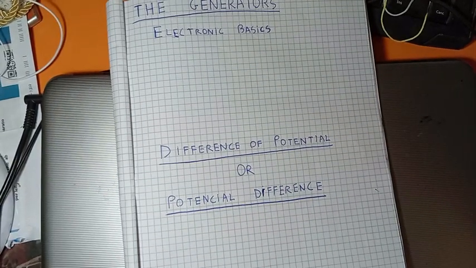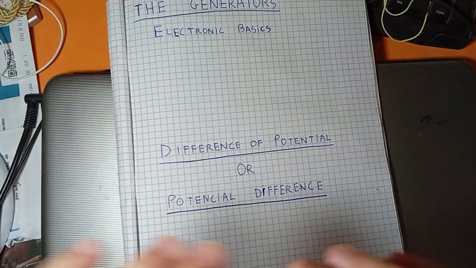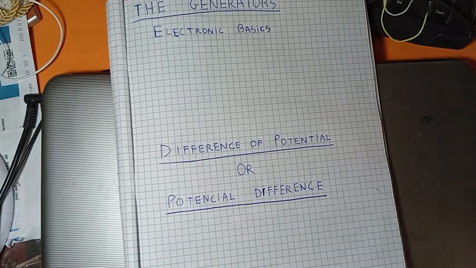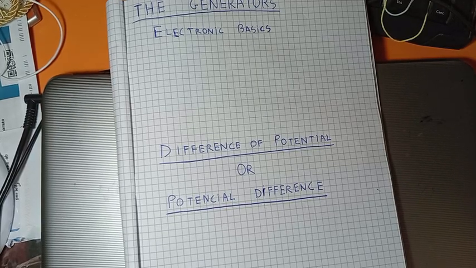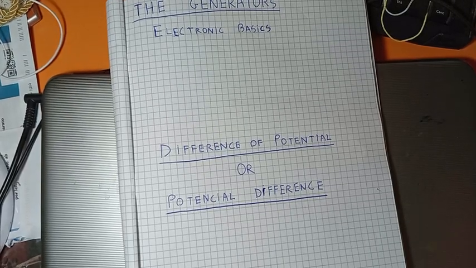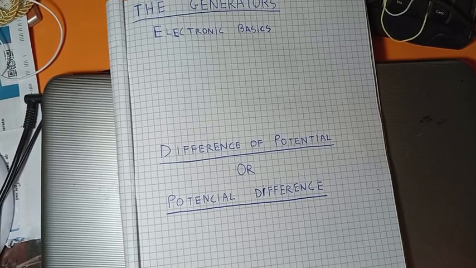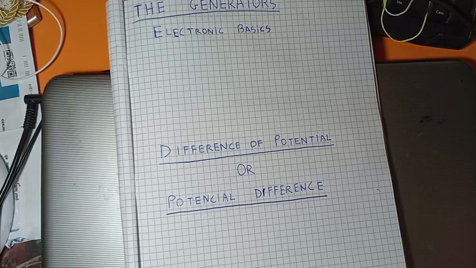We have to understand that all atoms could be positively charged or negatively charged, okay? And since all atoms could do this, think about it. All matter is made of atoms, okay? So if atoms could be positively charged or negatively charged, this means that all matter could be positively charged or negatively charged, okay?